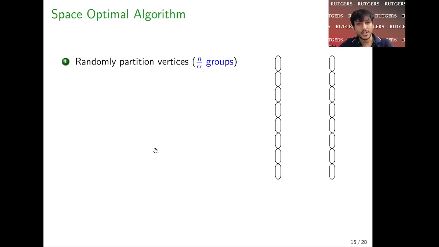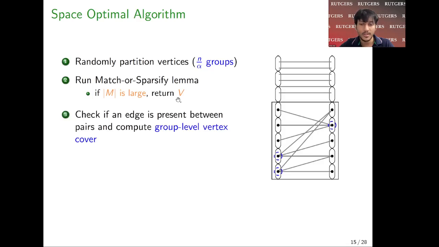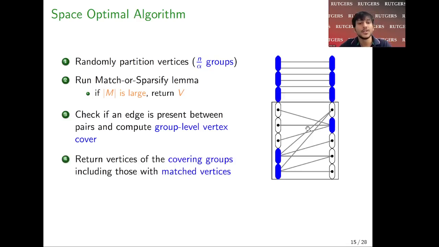We randomly partition the vertices into these groups of size alpha. Then we run match or sparsify. If the matching output is large, then we just return V as the solution. Otherwise, we look at the sparse graph and run the algorithm for the sparse case, which is compute a group level vertex cover. And now finally, you want to output this group level vertex cover, but you also have to cover these edges.